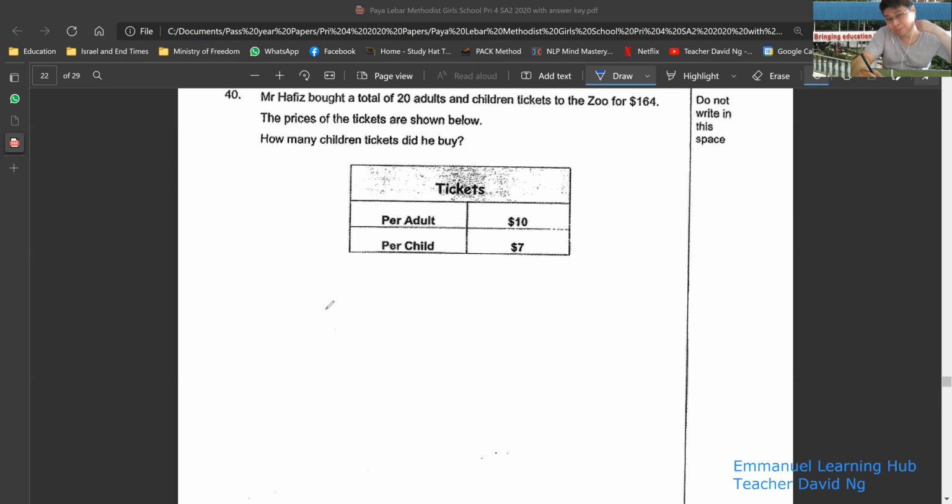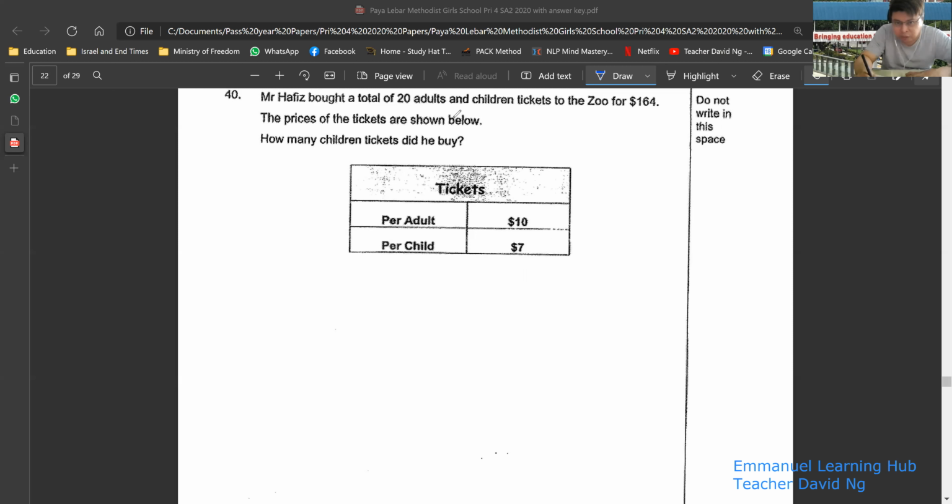Okay. How do I know you need to use assumption method? Because you have adult and children, and they give you the price of one adult, one child, right? But you do not know the number of adults and the number of children.